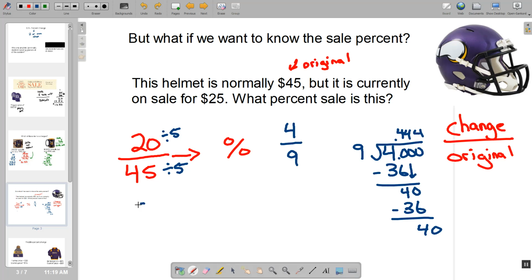So it's going to be about 44.4% sale. So, big thing to remember, change divided by original to find the percent change.